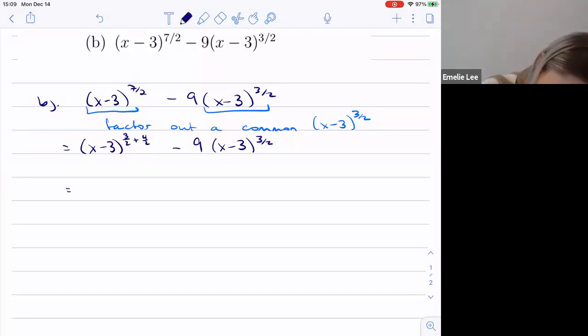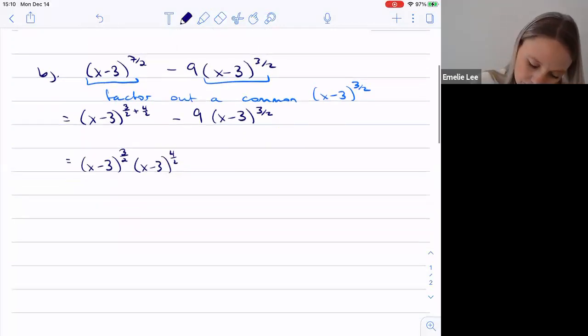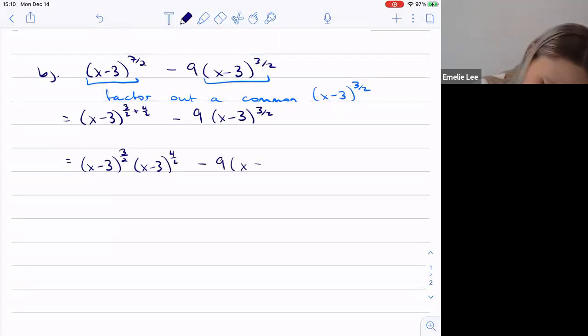In the next step, I'll rewrite it as just x minus 3 squared. But like I said, I just want to emphasize where that 4/2 is coming from. And then this next part just stays the same, minus 9 times x minus 3 to the 3/2.